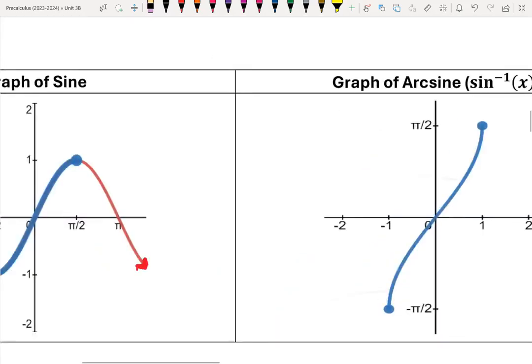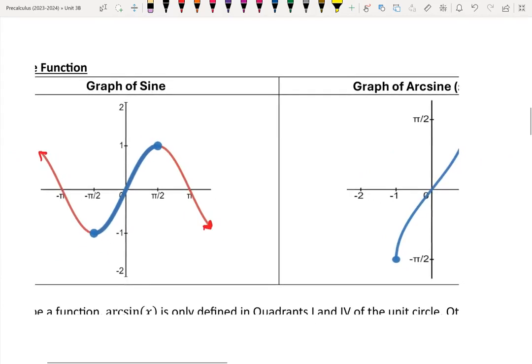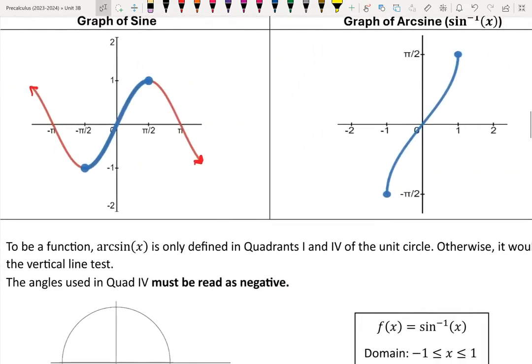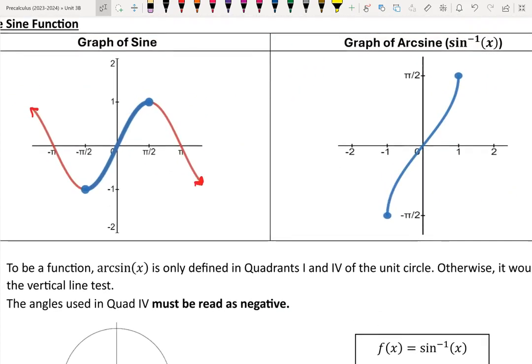Because again, we only are able to take a little chunk of our sine function. On the sine function on the left, I indicated what portion of the sine graph we are limiting ourselves to, to get an inverse function, to make it invertible.